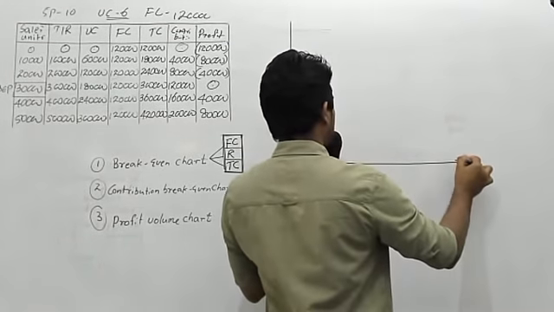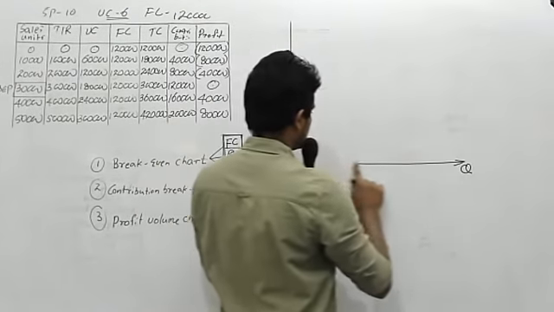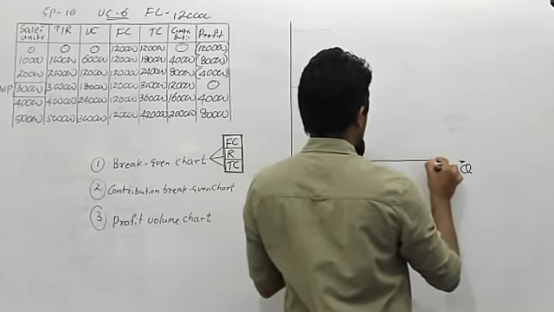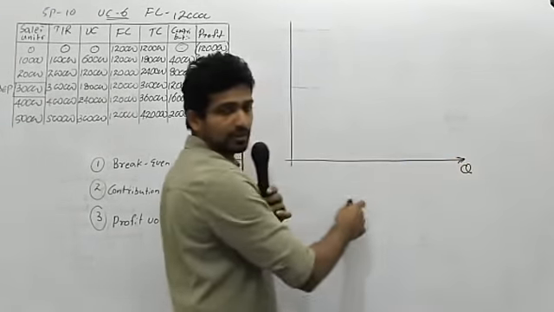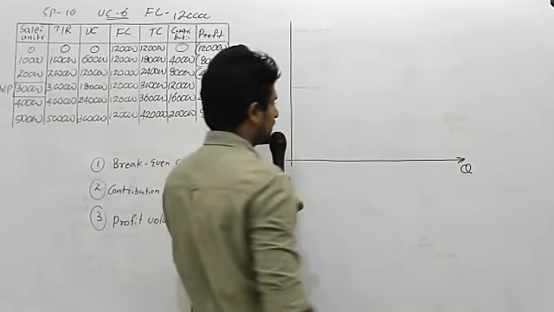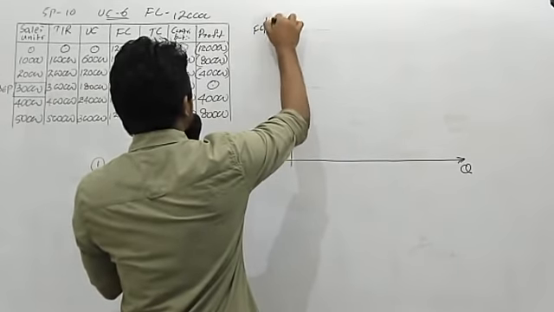Quantity is independent; the other one depends on the quantity. Always in mathematics, for the x-axis you have to take the independent variable. On this variable, how this depends? This is the dependent variable, either fixed cost, revenue, or total cost.